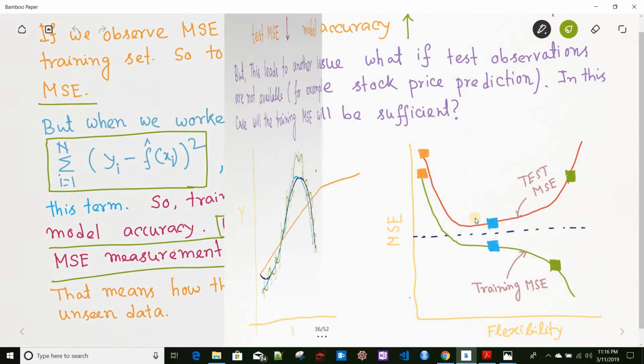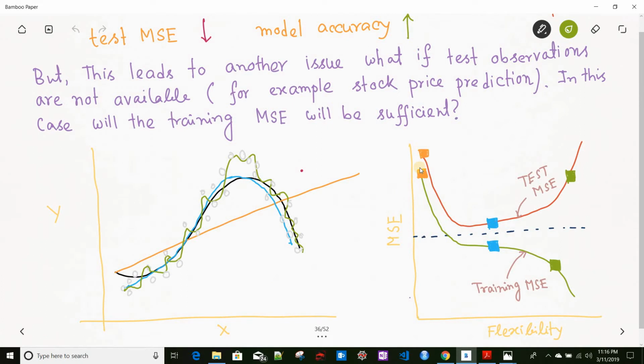So the training MSE and test MSE tell two different stories, and training MSE may not be a proper measurement of model accuracy.